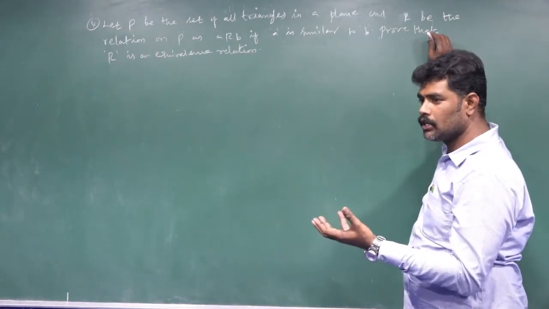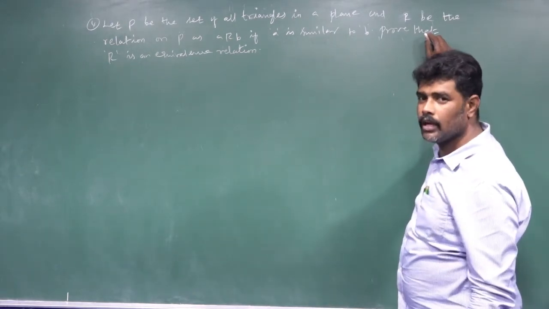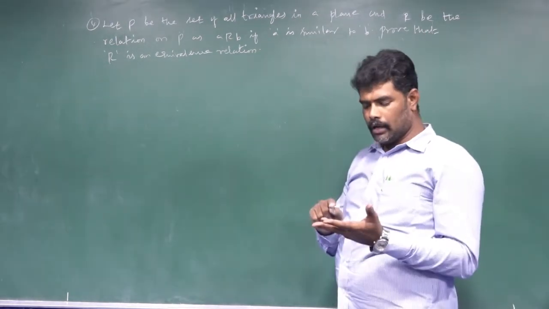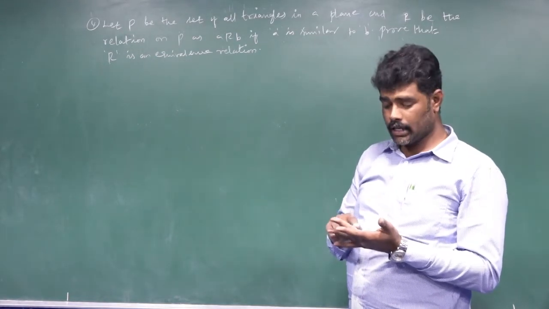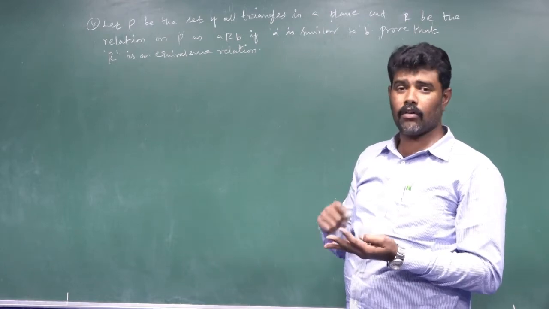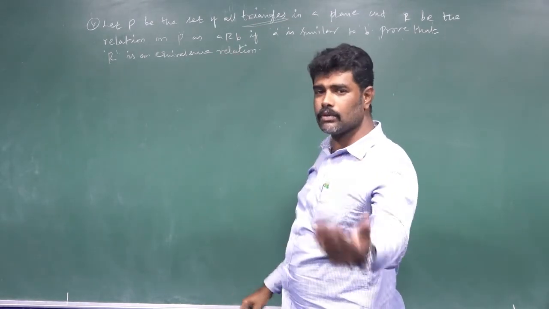Here the set we are going to take for the relation is the set of all triangles only. This may be a scalene triangle, an isosceles triangle, an equilateral triangle, a right angle triangle, whatever it is, it consists of all triangles only.